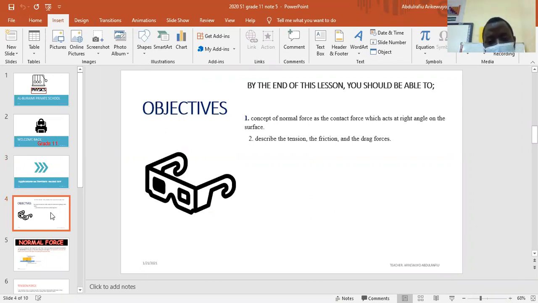The second thing is to describe the tension force, the friction force, and the drag force. We shall be talking about these three types of forces in much more detail. So without wasting time, let us go to normal force.